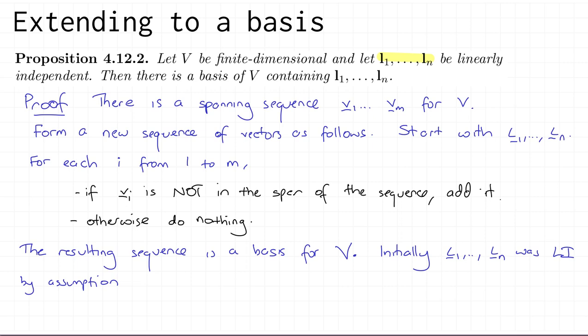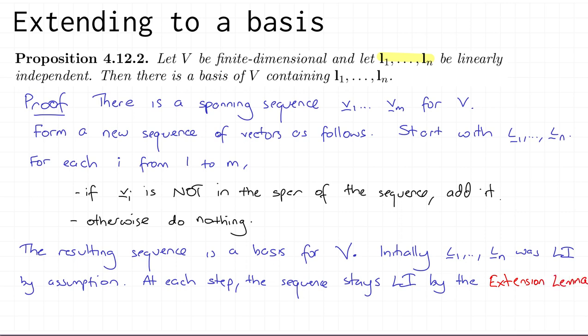So then, by the extension lemma, the new sequence would be linearly independent. So it's linearly independent. The question is then, why is it a spanning sequence?